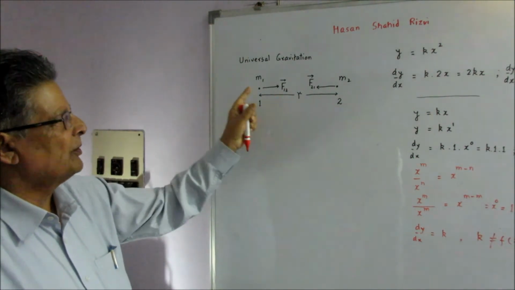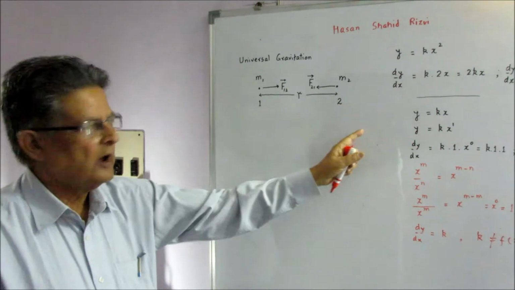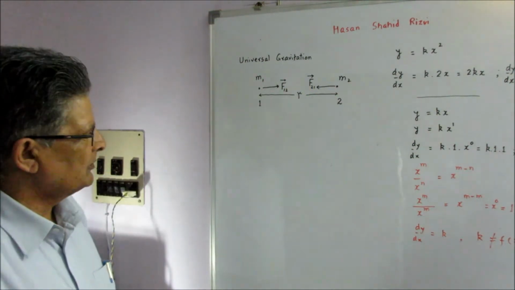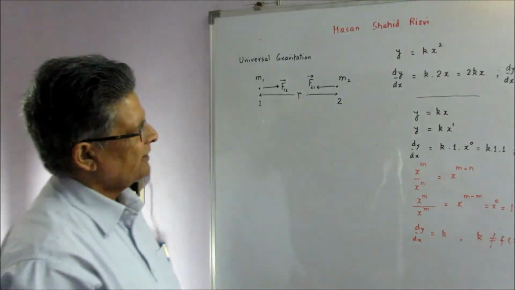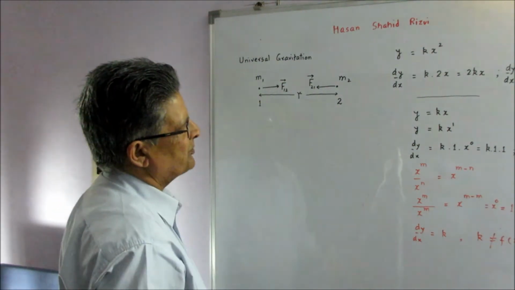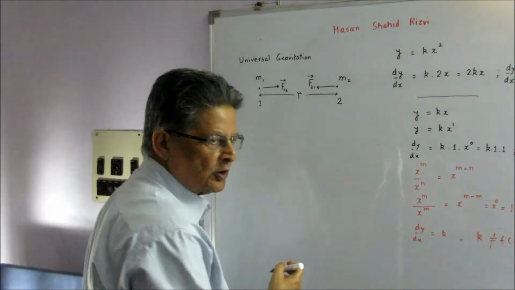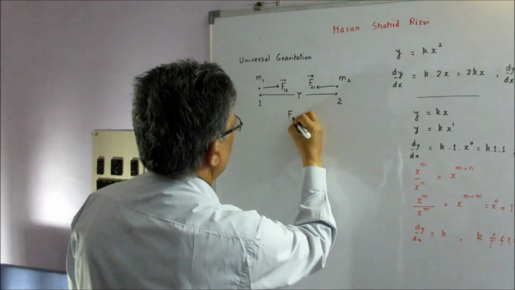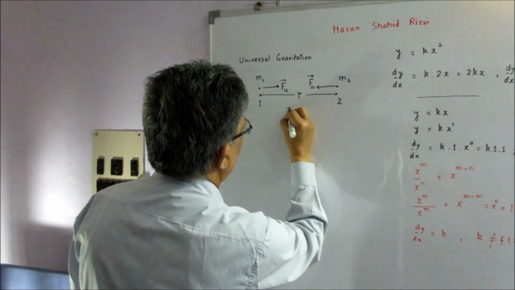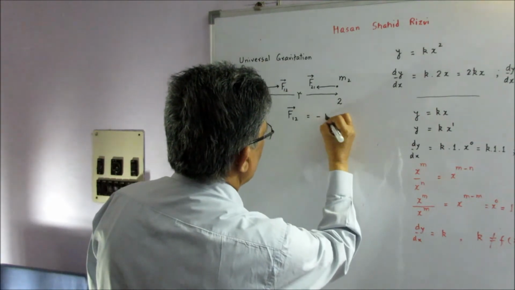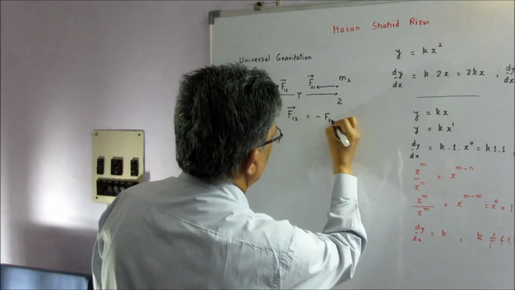F12 is the force on body 1 due to body 2, and F21 is the force on body 2 due to body 1. And because the two forces are equal to each other, I will write that F12 vectorially is equal to minus F21.